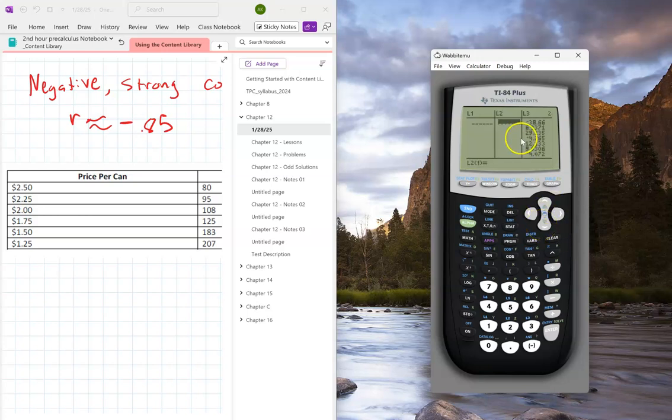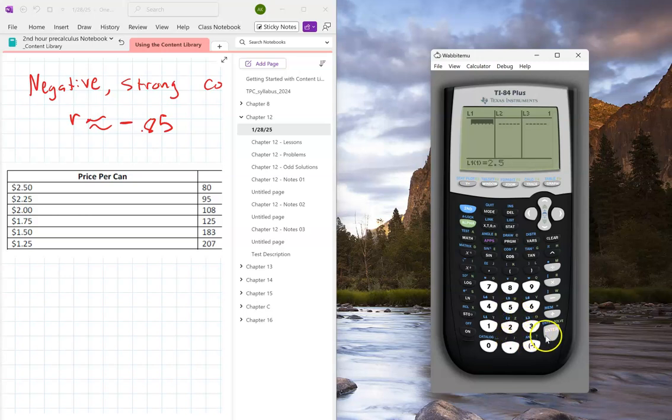So I press clear and then down, and it'll wipe the whole list for me. So I can delete individual items using the delete key, or I can clear the whole list by highlighting the list name and pressing the clear button. Like, whoop, all gone.